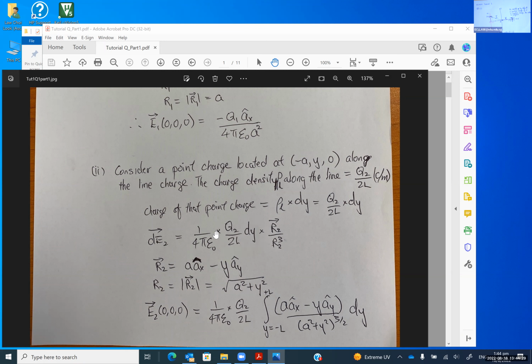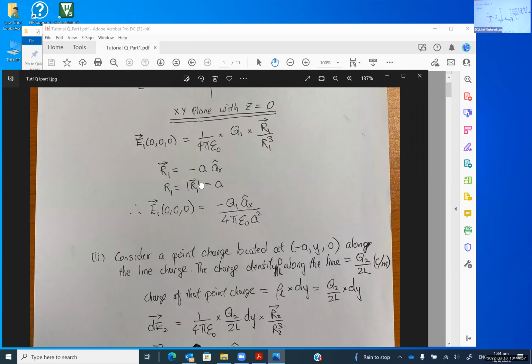So this is the total charge of the point charge, and then multiply by the R vector over R magnitude cubed. Let's call this R vector R2. So this is the electric field due to that small point charge along the entire line. That's why we want to distinguish it by using a small electric field, so that's why there is this d in front.